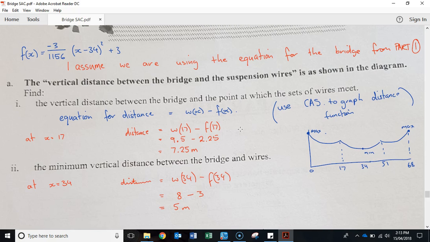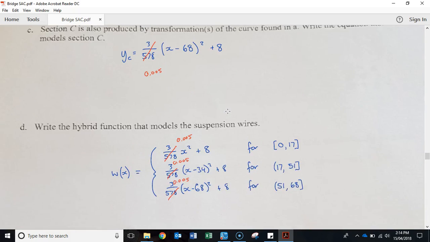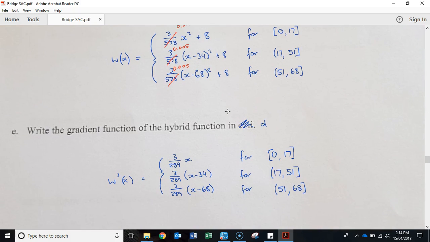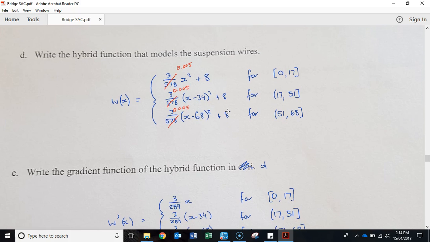So what I actually did was I sketched an equation for the distance, which was the hybrid function that we had for the wires minus the function that we already defined for the parabola early on in the SAC. So I think it was way back here somewhere. There's my hybrid function, w of x.